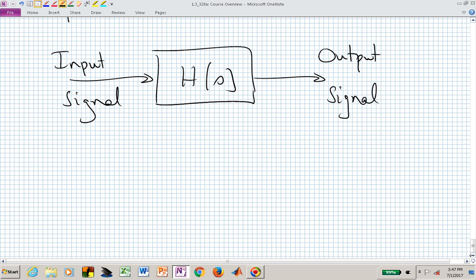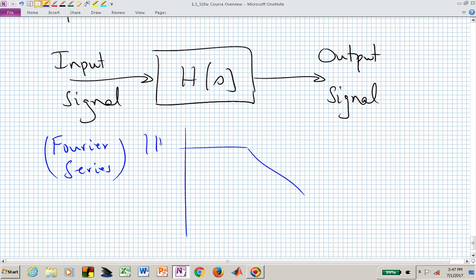We can use the Fourier series to identify what's happening in the frequency domain with this periodic waveform. We know how to describe the system in terms of its magnitude response and its phase response.